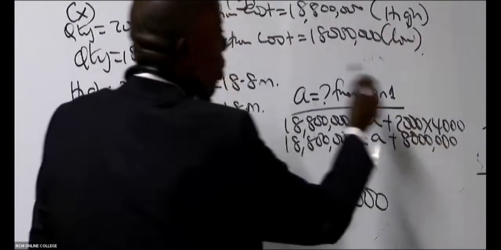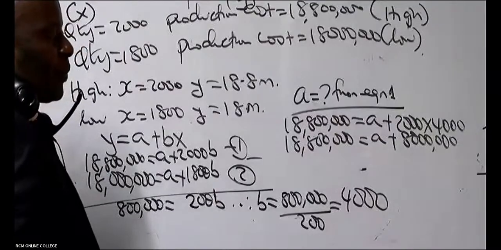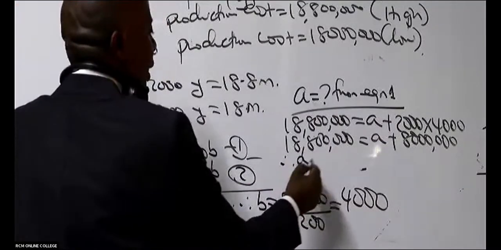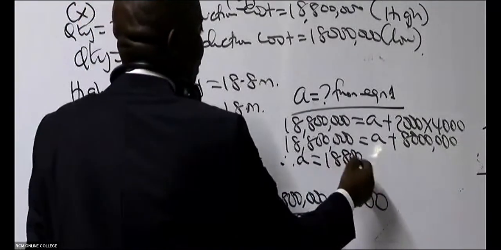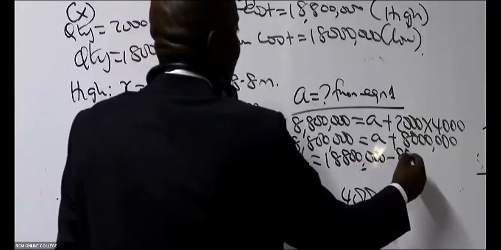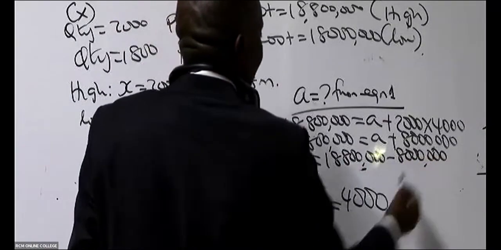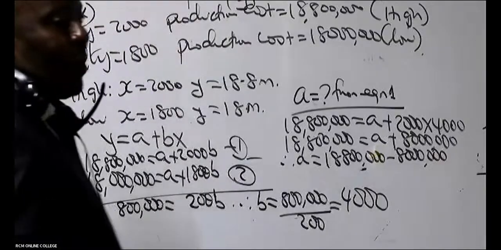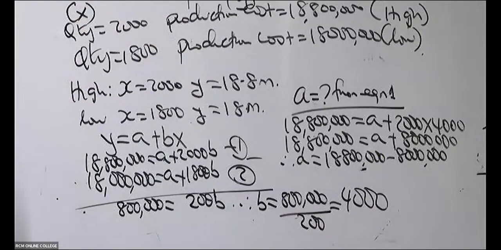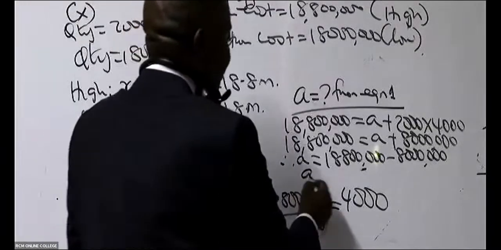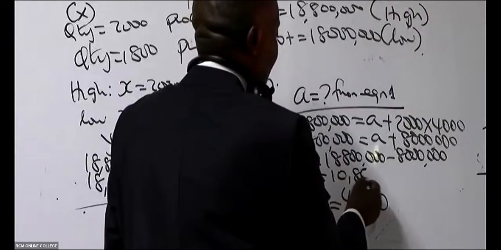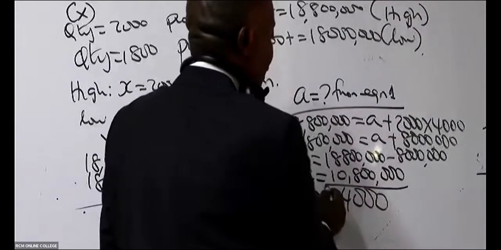So this has to cross over, isn't it? So therefore, A will be 18,800,000 minus 8 million, like that. Which will end up giving us what figure? 10 million, right? So A is 10 million. 800,000.